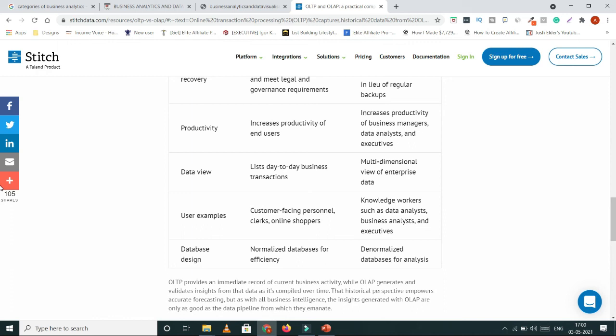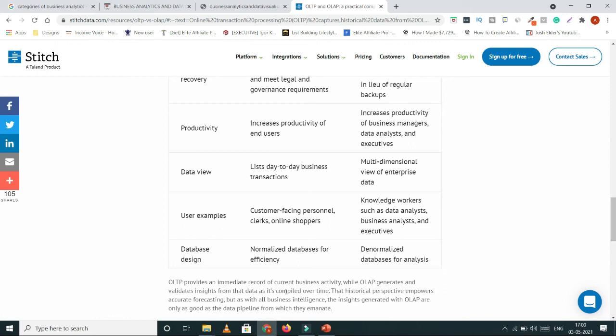Users of OLTP are customer-facing personnel, clerks, online shoppers. OLAP users are knowledge workers such as data analysts, business analysts, and executives. Database design: OLTP uses a normalized database for efficiency, OLAP uses denormalized data for analysis. So this is the difference between OLAP and OLTP.